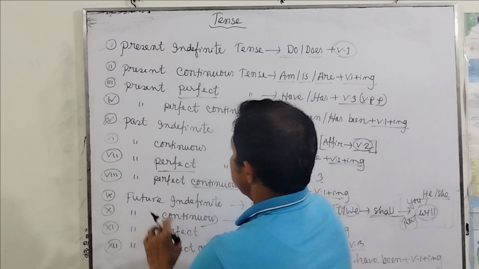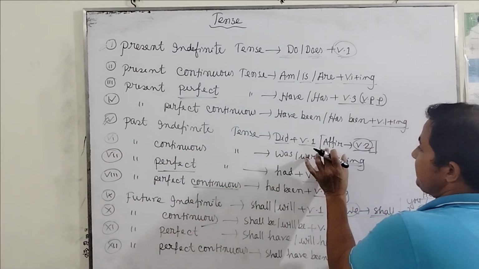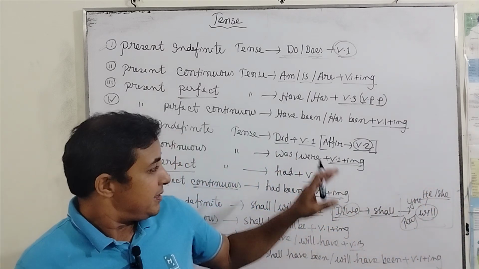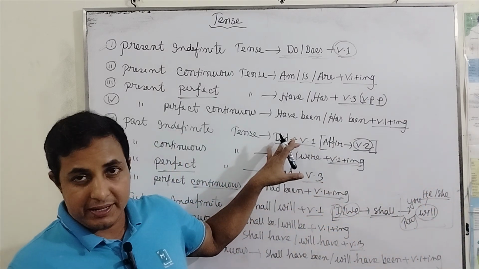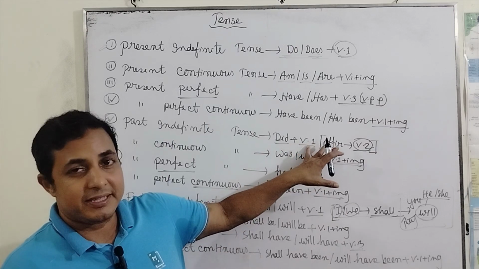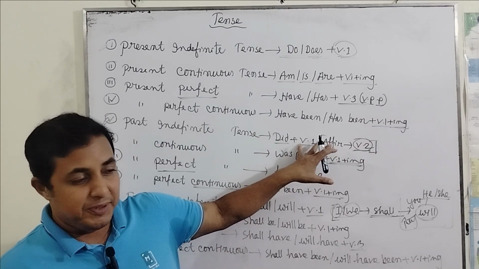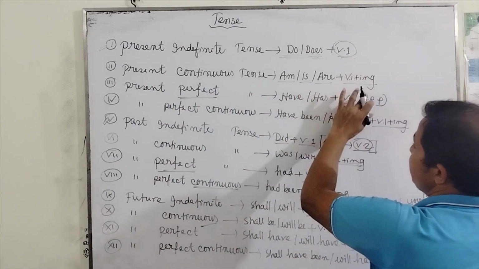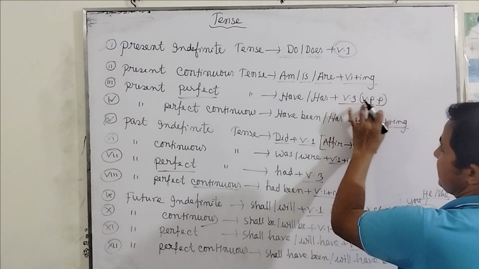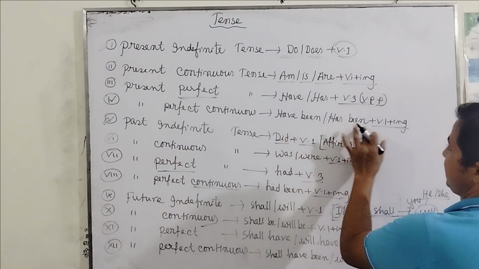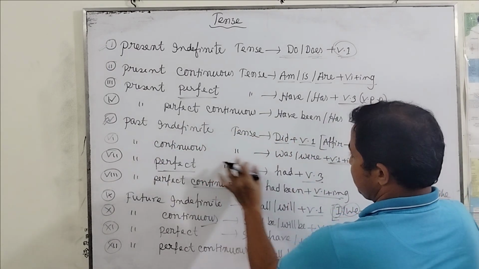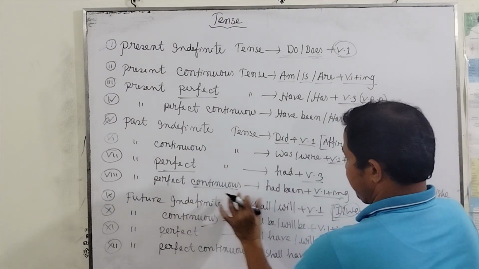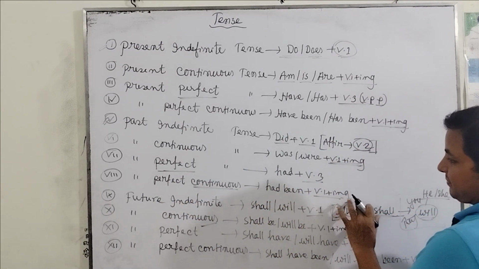And in past indefinite, the affirmative form takes B2; the rest of the forms must take first the auxiliary verb, then B1. And the other tenses: present continuous, am, is, are, B1 plus ing. Present perfect, have, has plus B3. Present perfect continuous, have been, has been, B1 plus ing. Past continuous, was, were, B1 plus ing. Past perfect, had plus B3. Past perfect continuous, had been, B1 plus ing.